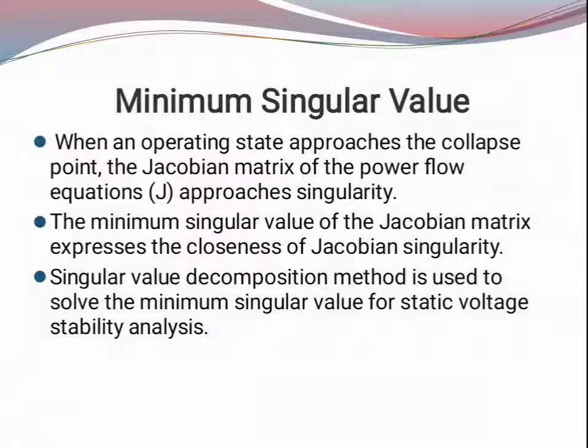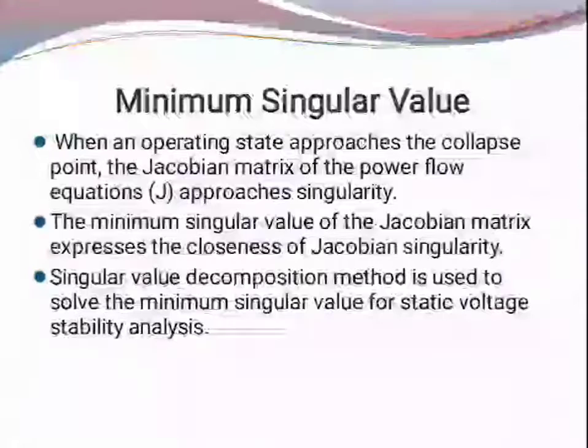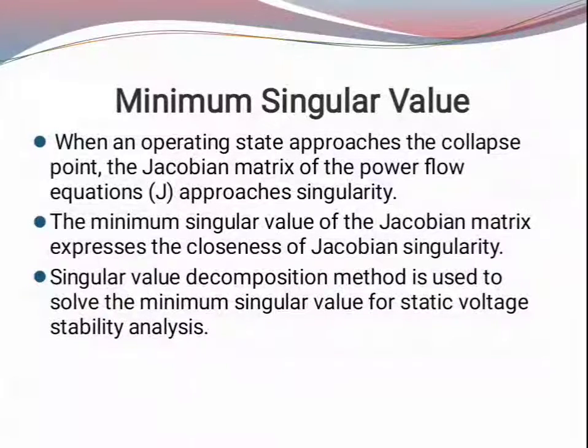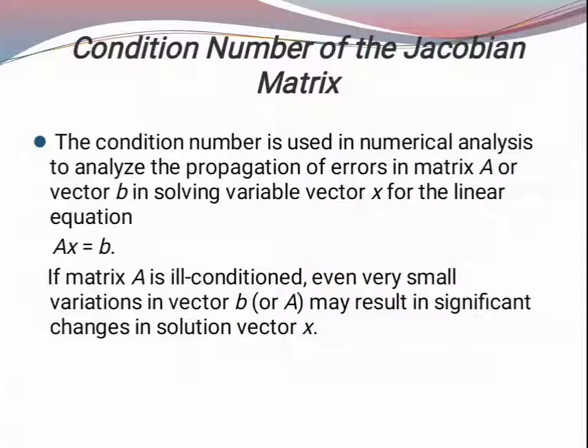According to the theory of singular value decomposition, the Jacobian matrix of the power flow is calculated as J is equal to U summation V transpose. That's how we are going to calculate the value of J. Here the minimum singular value for the power flow equations expresses the proximity of the Jacobian matrix to singularity, and it can be used as an index for static voltage stability also.